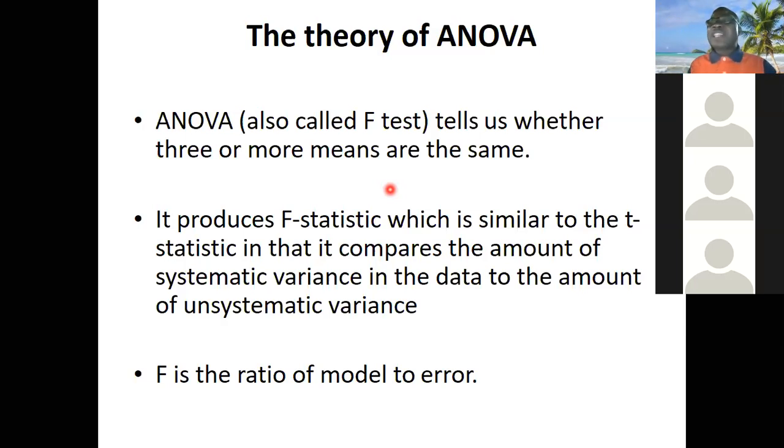If you divide it, the ratio should be greater than 1. Not just greater than 1, it should even increase to a critical level, so that I say, oh, this difference is so much. That is the logic behind all hypothesis tests, and the same thing with ANOVA. But let me not talk too much here, just to give you a background. The F ratio is the more, okay?